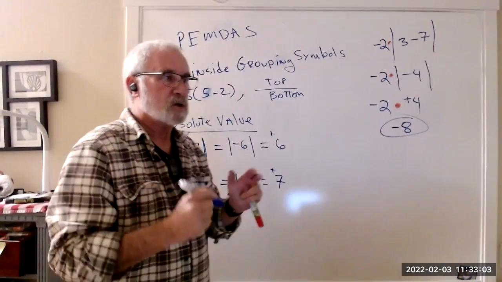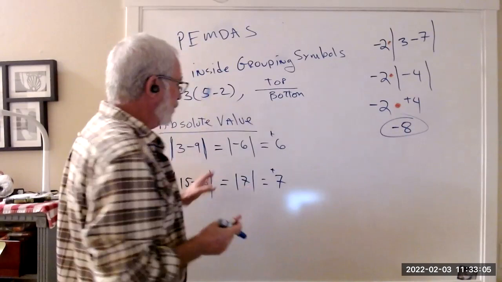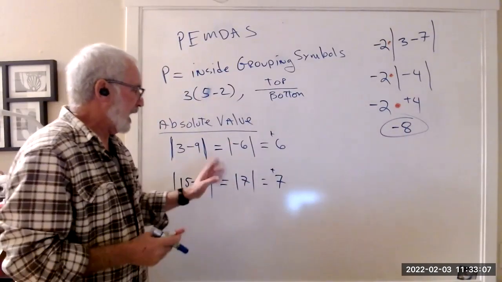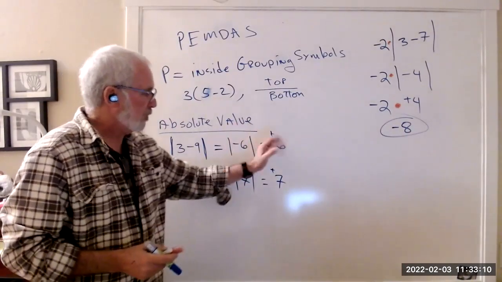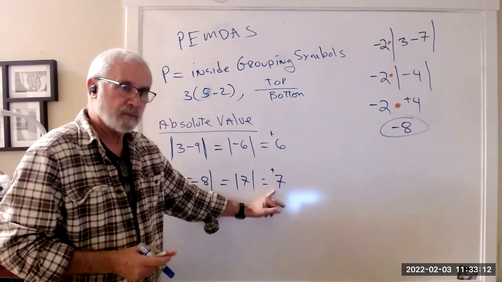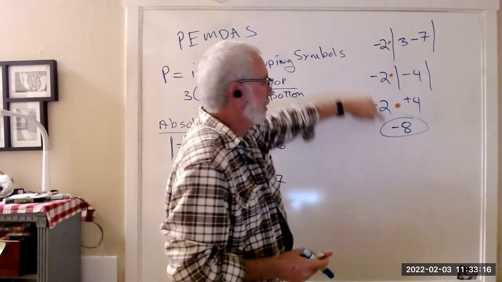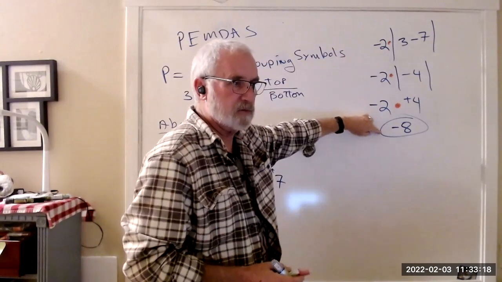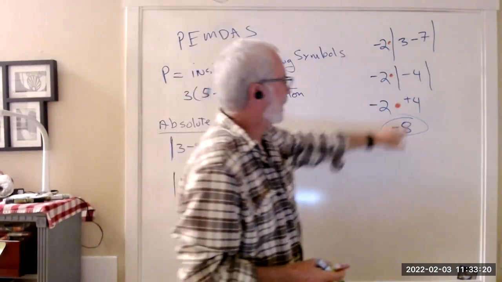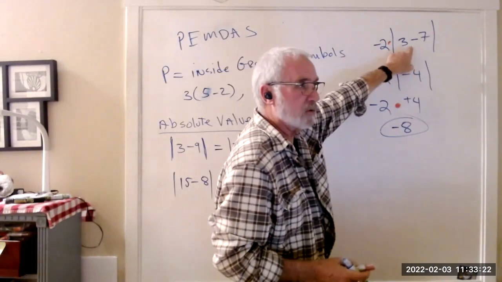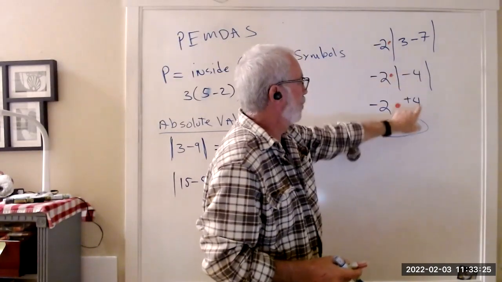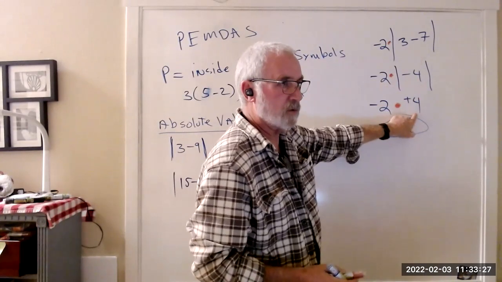Okay. So the discussion over here was the answer to an absolute value is always positive. But something else in the problem might turn it negative. Check it out. Our absolute value was positive when we did our steps.